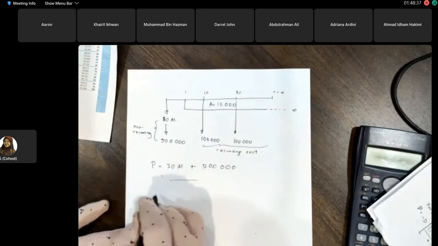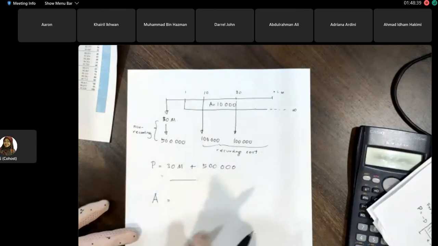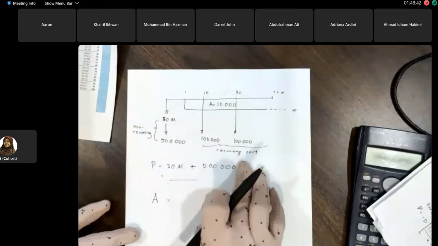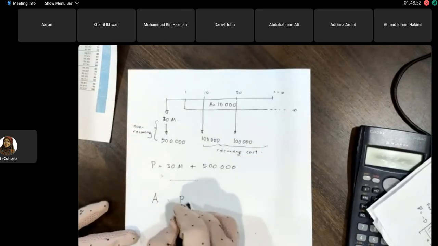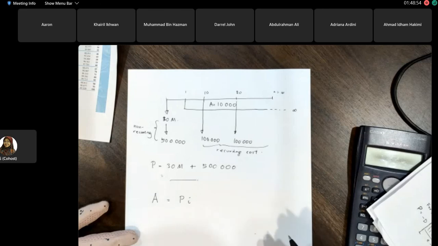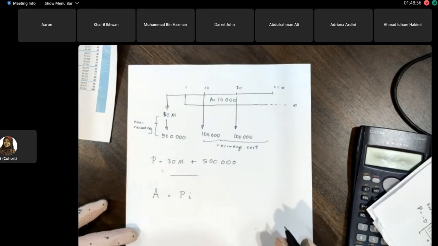But now about A, for the recurring cost, in order to get the recurring cost, how do you want to settle this problem? You know about A equal to... What should we do?